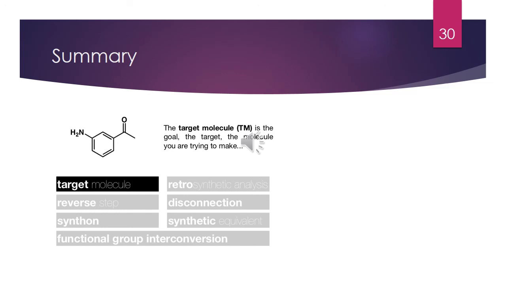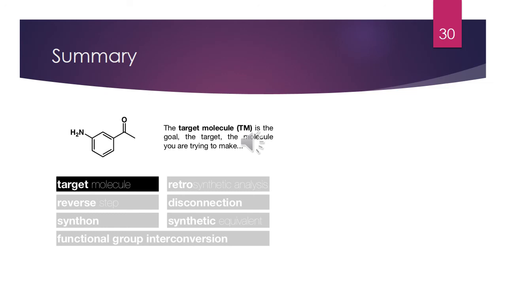Then we have an NH2 group attached to the benzene ring. Next, we see the relationship of these functional groups, because the system is aromatic. The relationship of these two groups is 1,3. They are meta to each other.